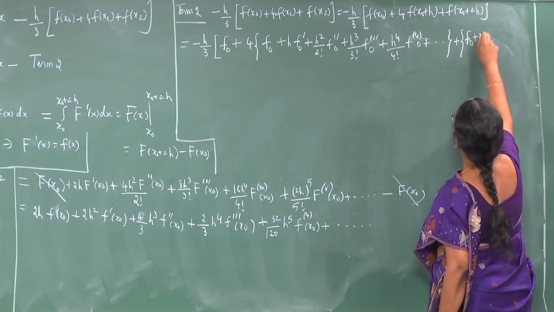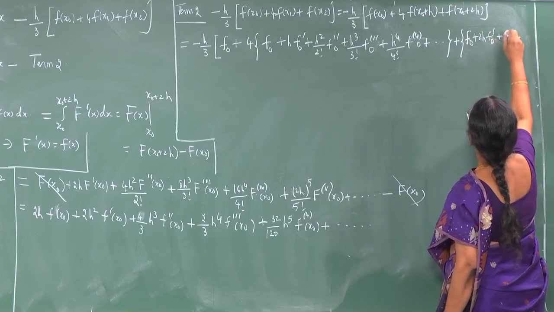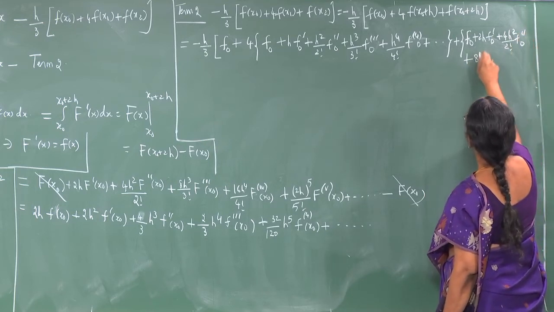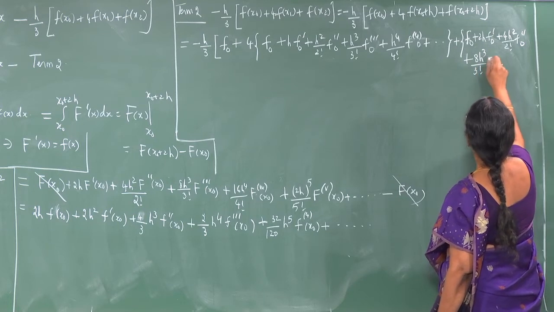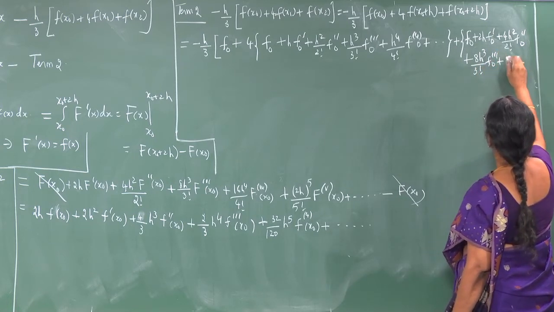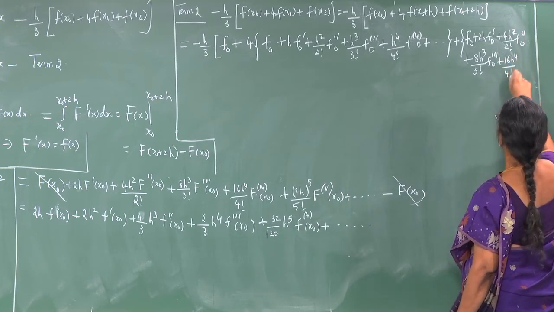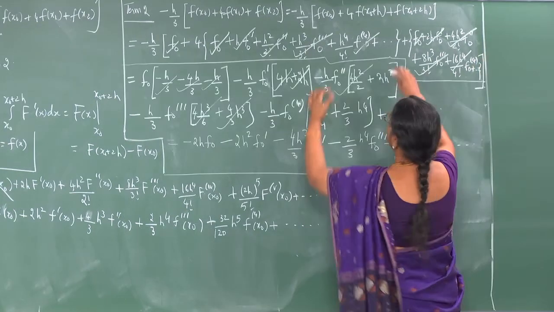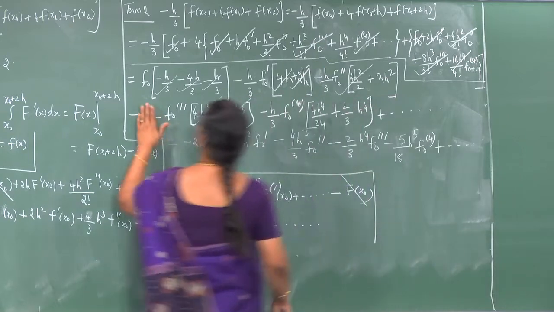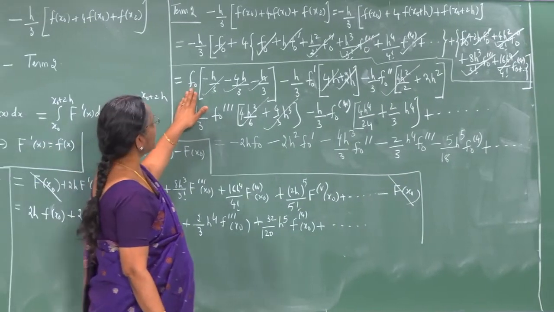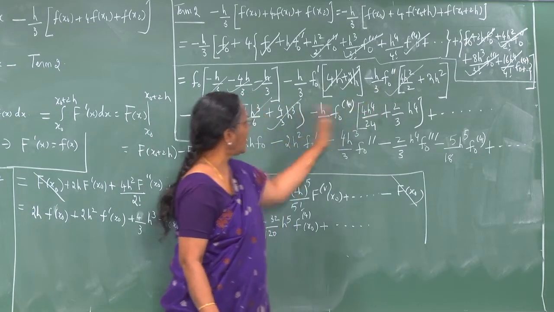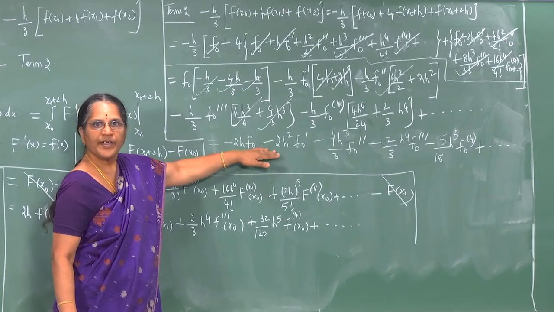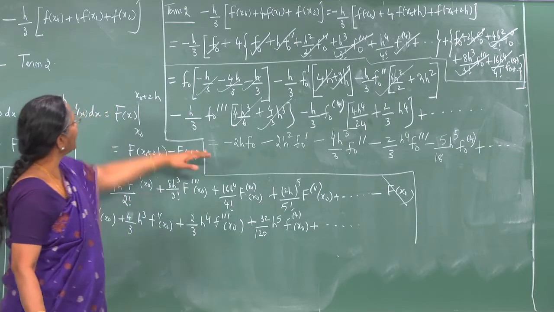So, f of x naught plus 2h into f dashed at x naught plus 2h the whole square by factorial 2 f double dashed at x naught, 2h the whole cubed by factorial 3 into f triple dashed at x naught plus 2h the whole power 4 by factorial 4 into fourth derivative at x naught plus etc. I have now collected the terms whose coefficients are f naught dashed and so on, and have simplified and obtained the result at this step, and that is term 2.